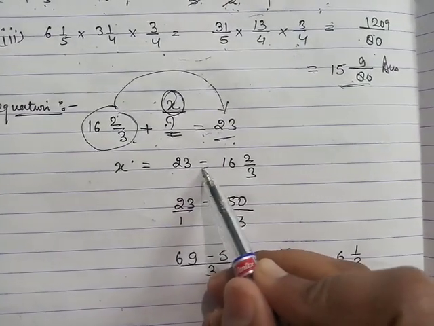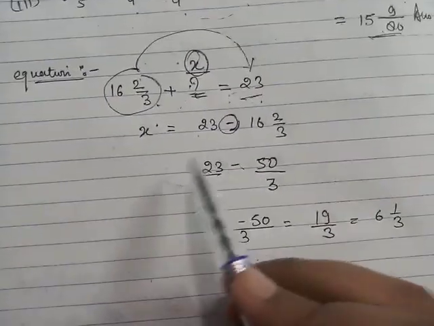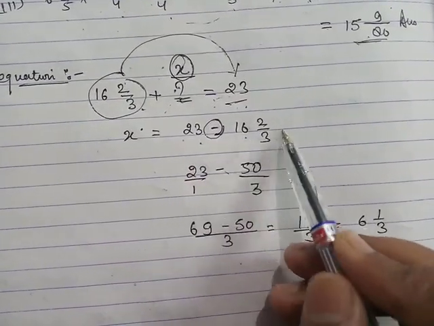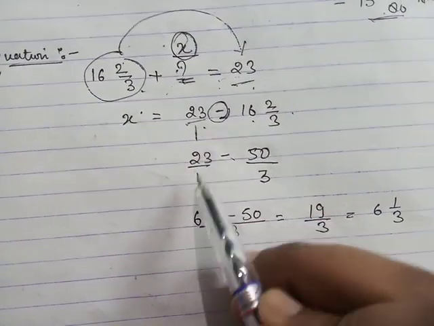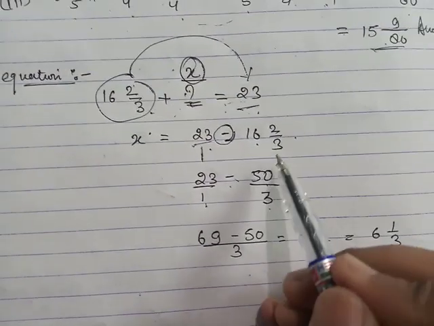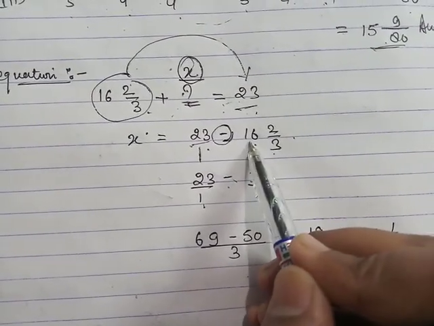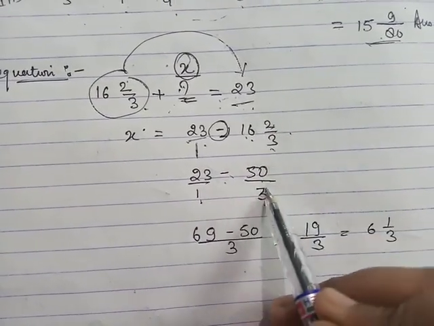Here it will be the sign of subtraction. So x is equal to 23 minus 16 whole 2 by 3. Here there is no denominator, so we will consider 1. Here we have minus 50 by 3, since 16 3s are 48 plus 2, 50 by 3.